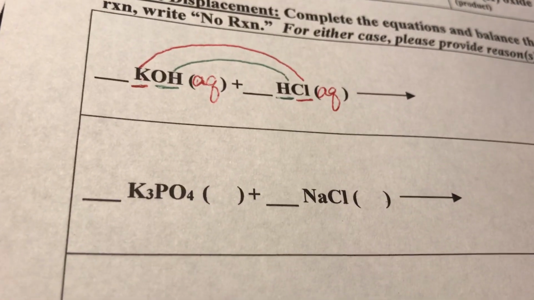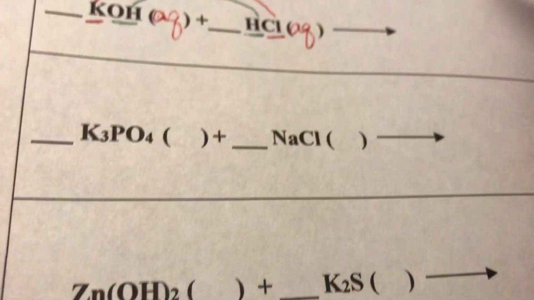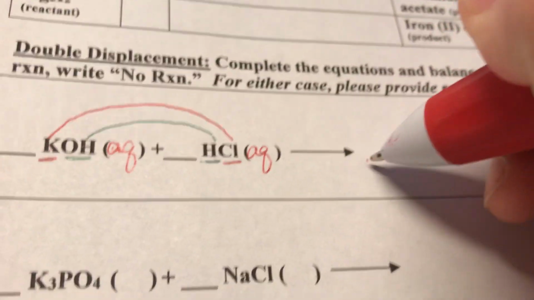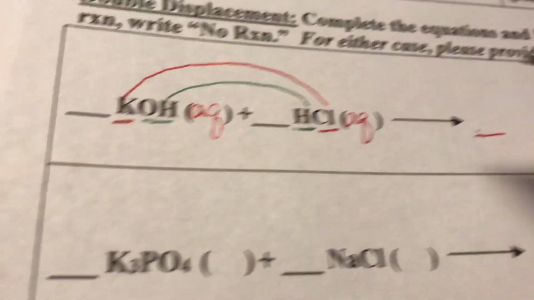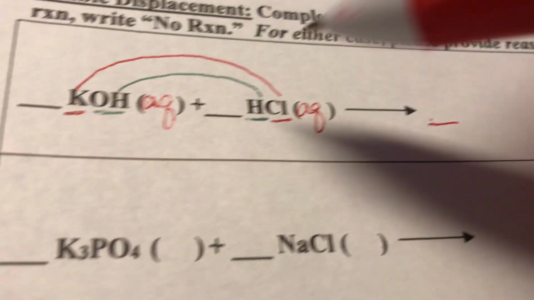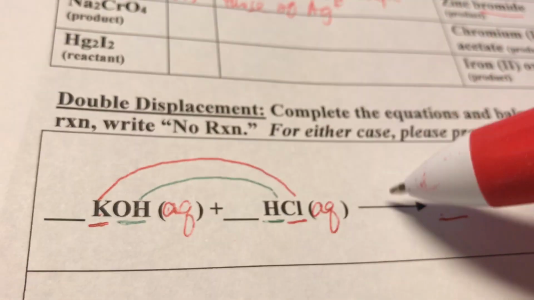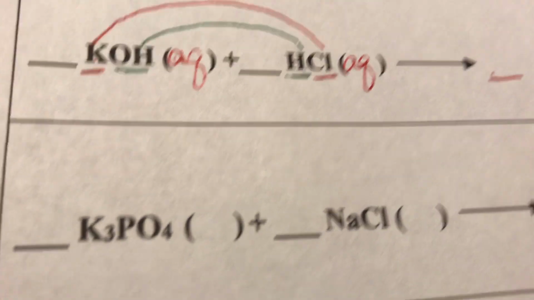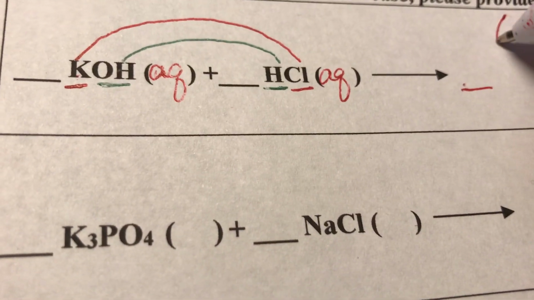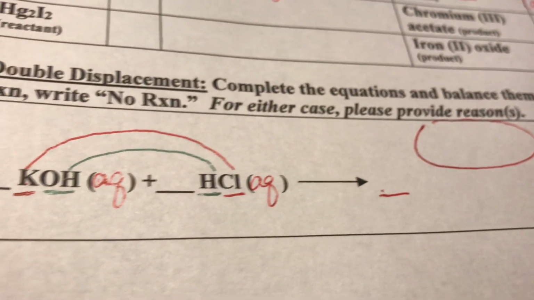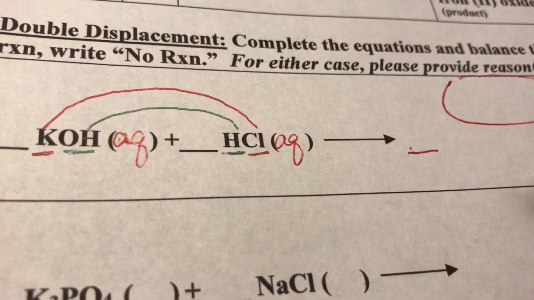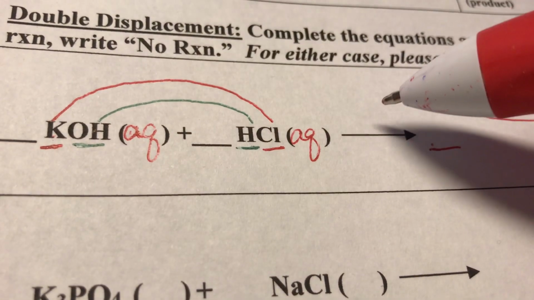And then the next thing is we draw a line for the coefficient. Usually for the first compound, I do the red one first. On the top of that, I'm going to draw a cloud or bubble. Now here we have to put the K and the Cl.